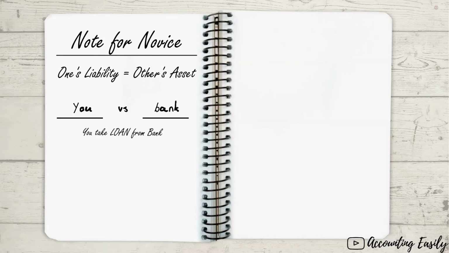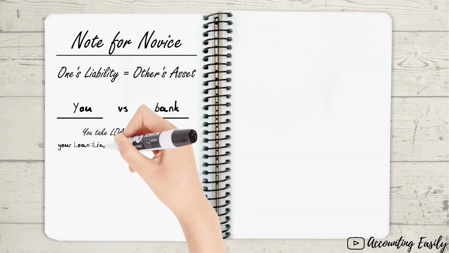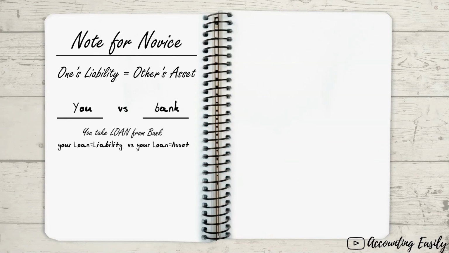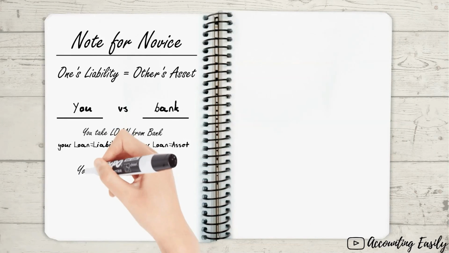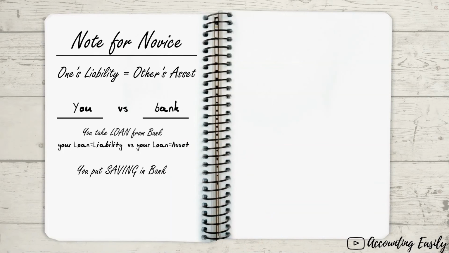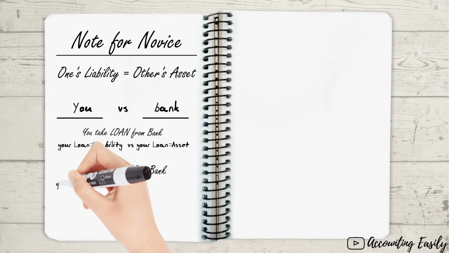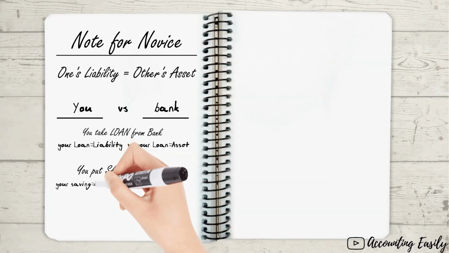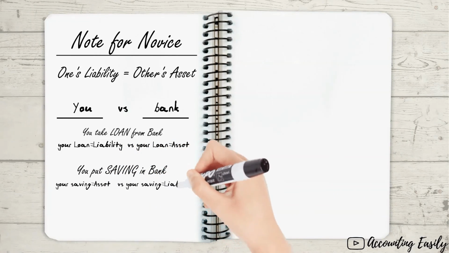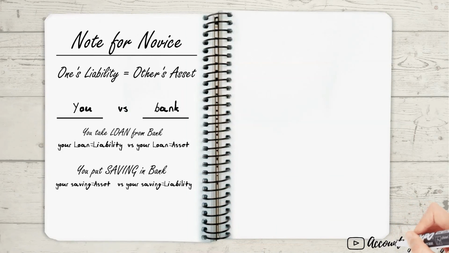Now, from the perspective of your bank, the loan is their asset. So we put it this way: your loan is a liability versus your loan is an asset for the bank. Now, the balance in your savings or checking account is an asset to you, but it is not for the bank. It is a liability for them. So we put it this way: your savings is your asset versus your savings as a liability for the bank.